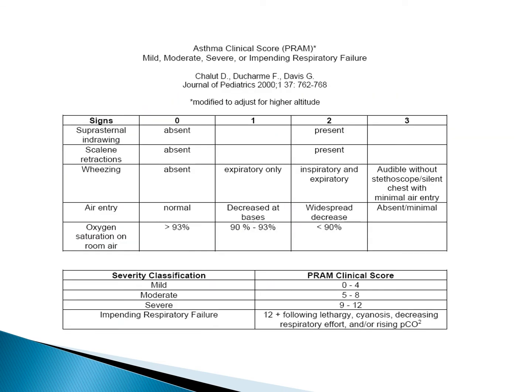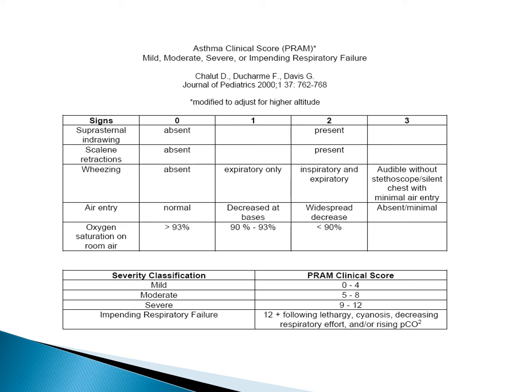So I wanted to introduce to you the PRAM tool, the Pediatric Respiratory Assessment tool. It's an asthma clinical scoring tool, and this is commonly used at Alberta Children's Hospital.